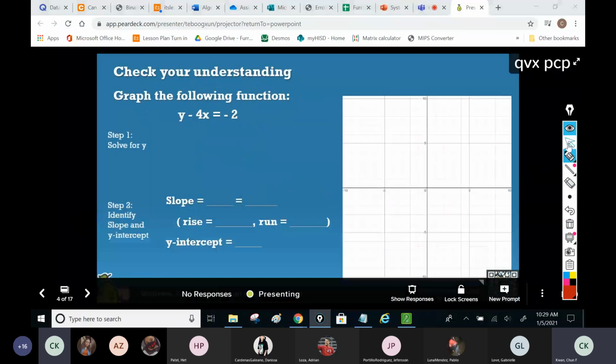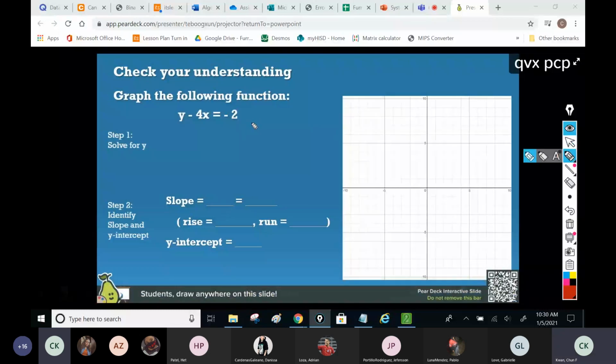All right, so right now I want you guys to give it a try. So graph the following function: y minus 4x equals negative 2. So I want you to do exactly what I just did earlier, all right? So looking at this linear function, try to graph it and then put the graph right here.